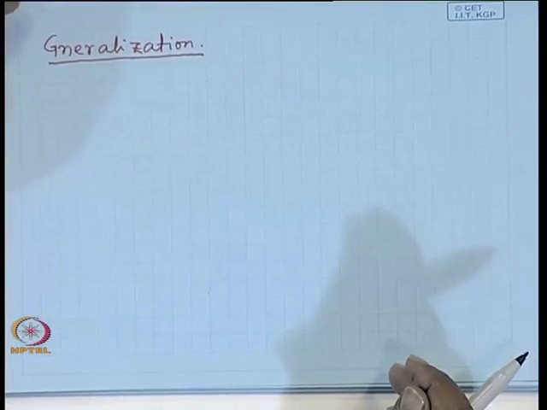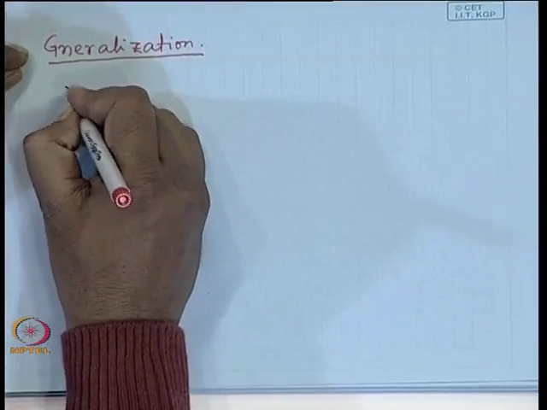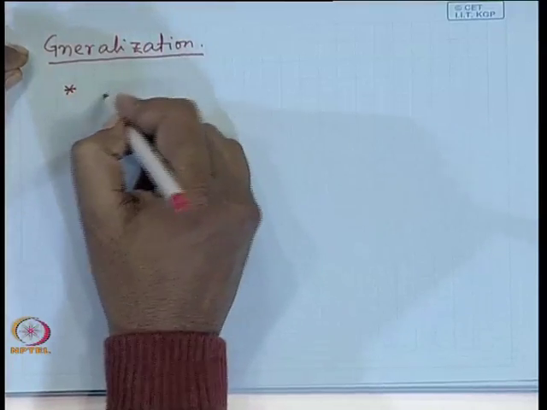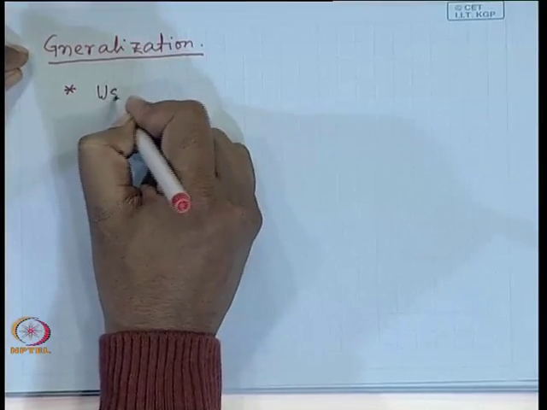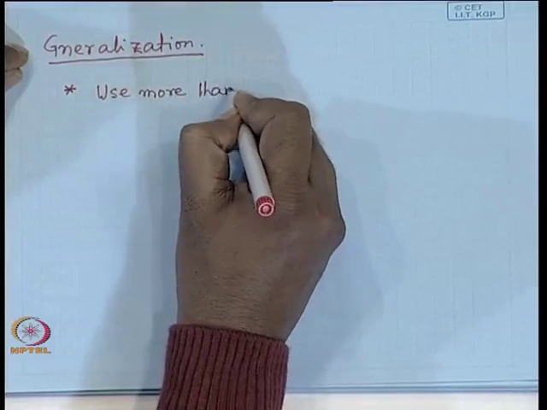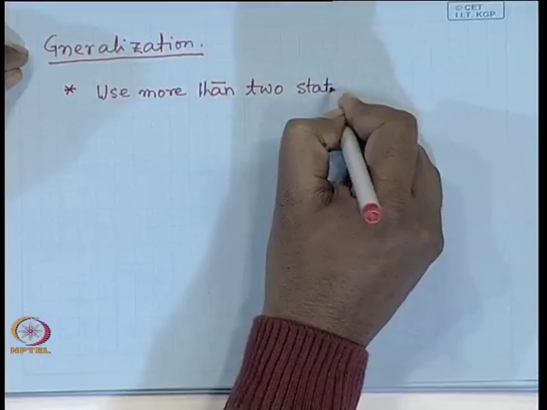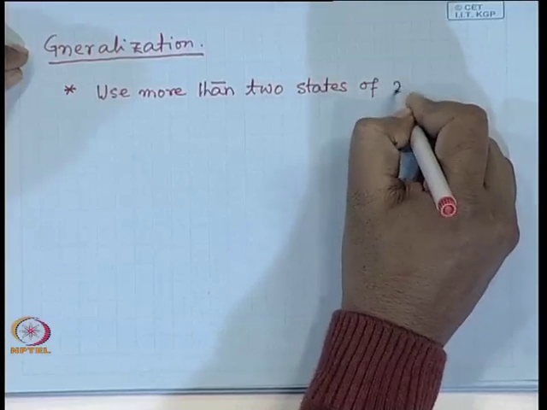So, instead of classes, let us call it the states of nature. Earlier in the example that we have taken, there are only two states of nature. Now, we can generalize it to multiple states of nature. So, the first generalization is to use more than two states of nature.